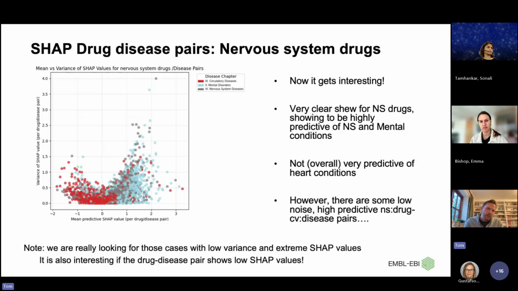Now, if you look at central nervous system drugs, this effect is even more clear. So if you have been prescribed a particular central nervous system drug, then your likelihood of being diagnosed with a particular central nervous system or mental health condition is much higher from the model's point of view.